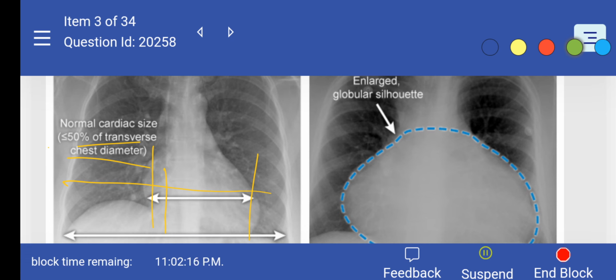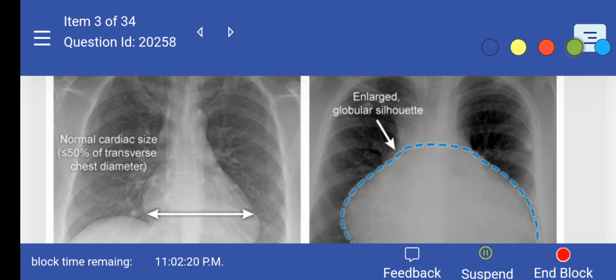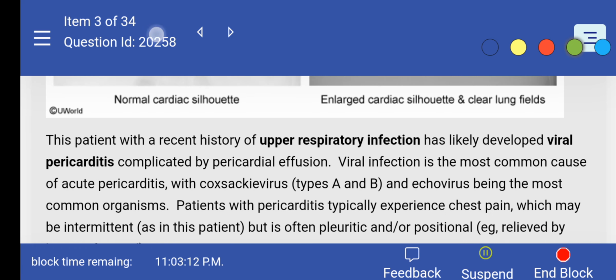But here, if we look at this case, this one has increased beyond 50%. So the heart has been enlarged and is showing a globular silhouette.